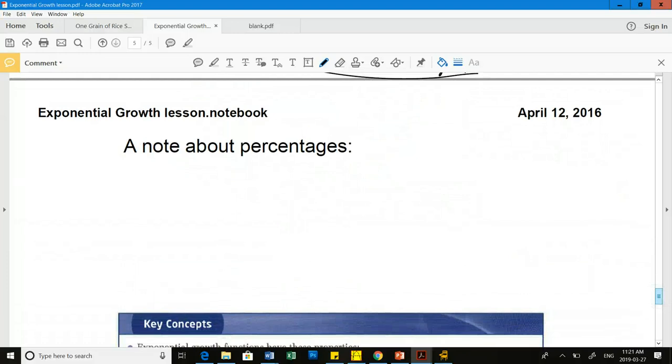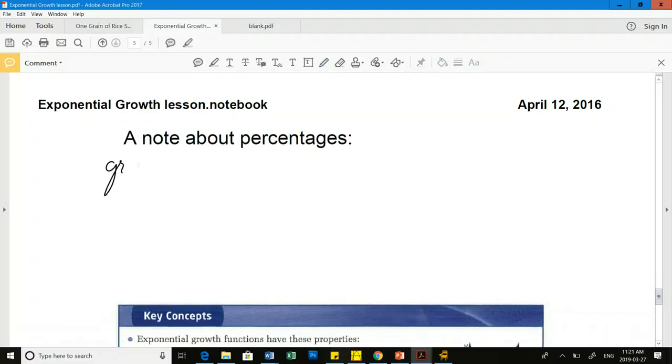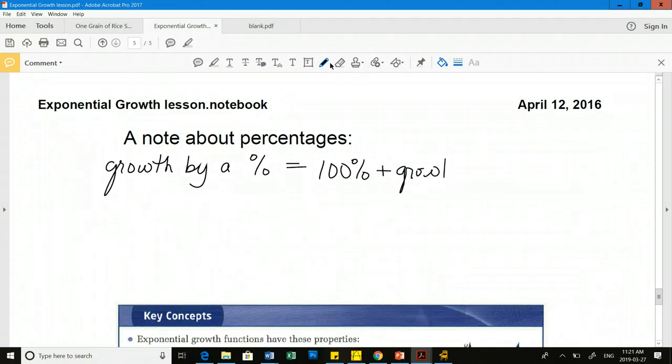Okay, little note about percentages. You're going to see percentages in your first worksheet. I think it's like a growth by 6% or something like that. So if you have growth by 1%, you are going to do 100% plus that growth percent to get the total percentage. And then you're going to switch that into a decimal to get your b value, okay?